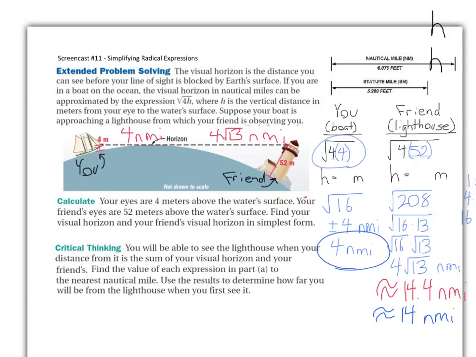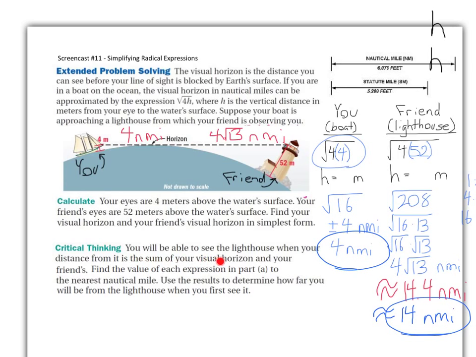Remember, 4 nautical miles can stay where it is. That already is a whole nautical mile. 14 nautical miles, now that is the approximation of 4 root 13 nautical miles. All right, so how does this help us? Well, we have to use the results to determine how far you will be from the lighthouse when you first see it. Well, how do we calculate how we first see it? Go back to this first sentence.